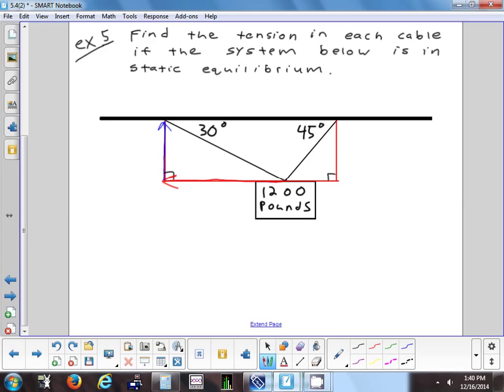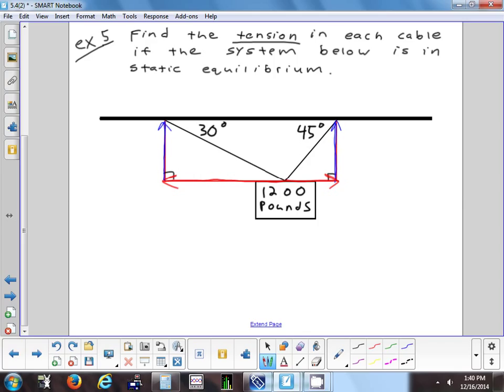Think about what would happen if you cut this other cable. All of a sudden, the 1,200 pounds would swing to the right. That's because this cable is pulling right, and it's pulling up. So here's the up, and the other part is right. And we're trying to find the tension.